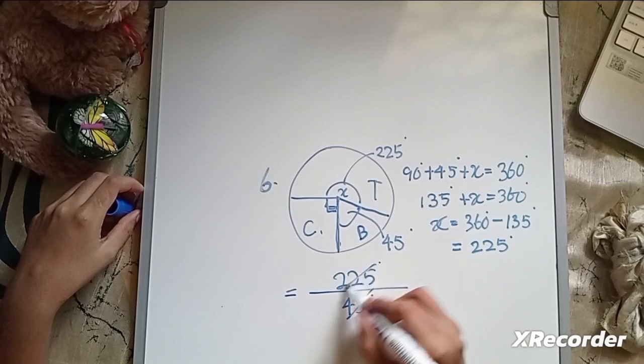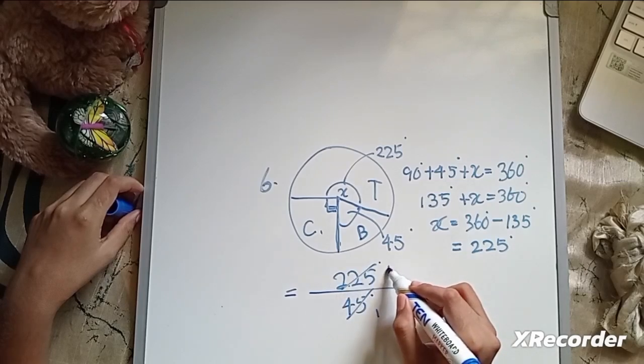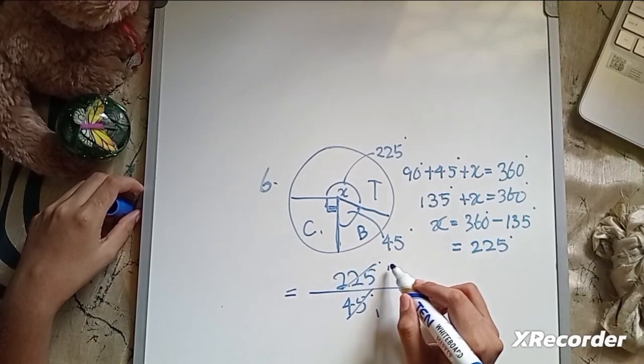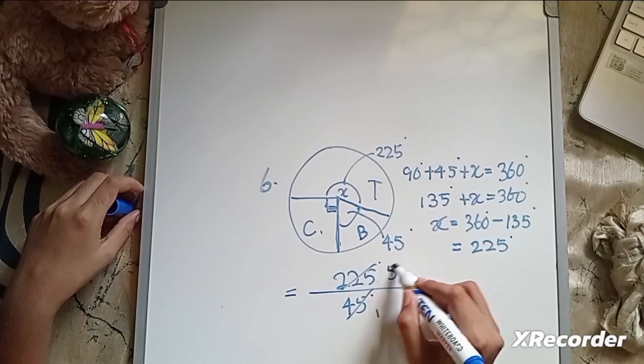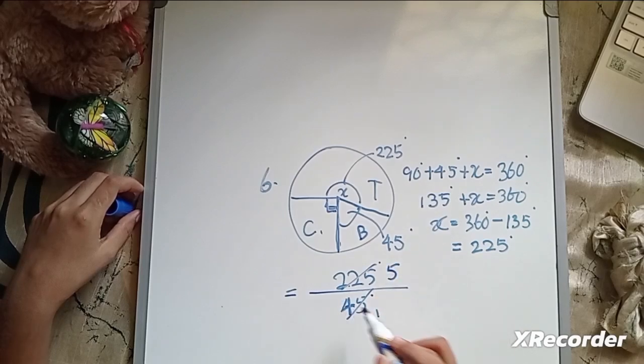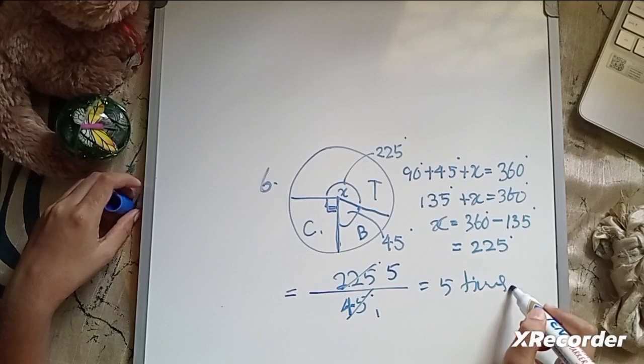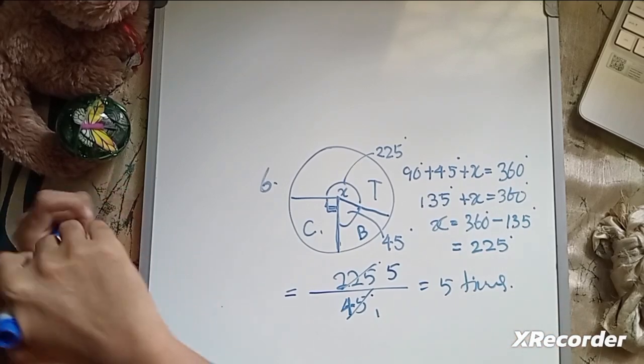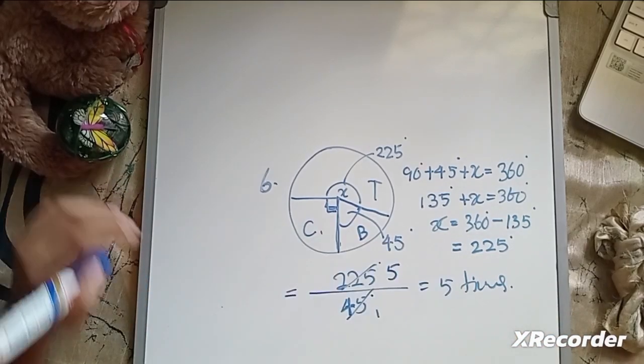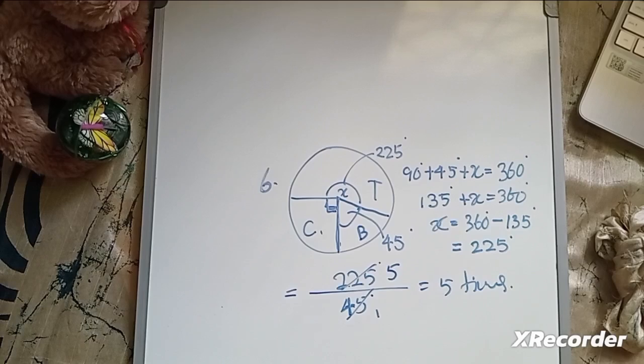So we have to simply divide this by 45 degrees. So 5 times. The number of employees who arrive by train is 5 times higher than the number of employees who arrive at the institute by bus.